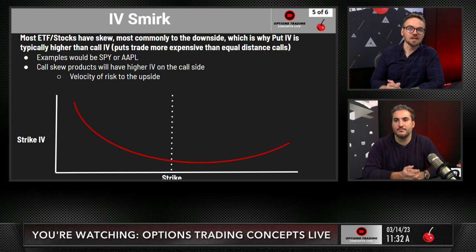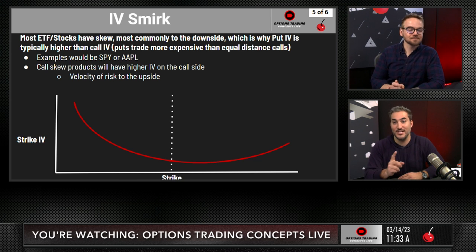So I think this plays a role in that too, because if you're paying more to buy an option to the downside, your ability for that to multiply 3, 5, 10x is significantly lower because your starting price is higher.